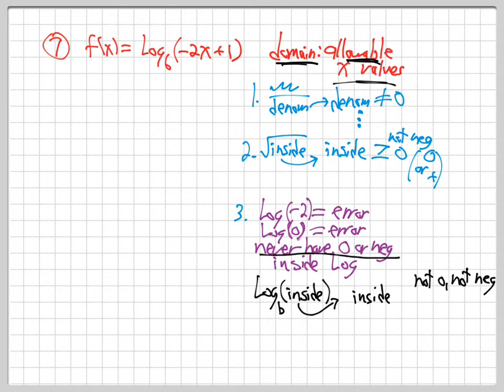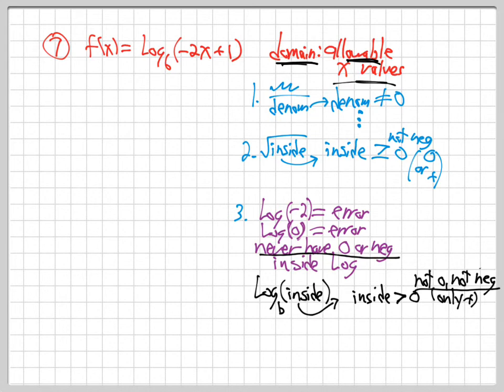Well, what does not 0, not negative mean? Only positive, greater than 0. It has to be greater than 0. Only positive. I'll write it down here. If I say, I'm thinking of a number, it's not 0 and it's not negative, well, then it's positive, meaning it's greater than 0.